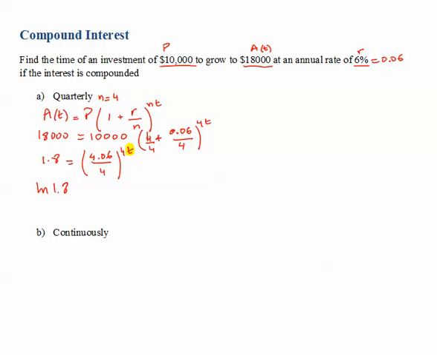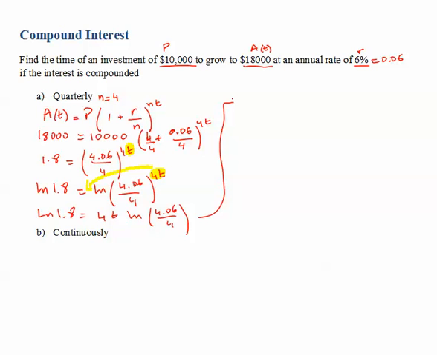So ln 1.8 is equal to ln of 4.06 over 4 to the power of 4t. Now the properties of logarithms become handy. I'm going to take this 4t and bring it up front, using the third law of logarithms, equals 4t ln 4.06 over 4.